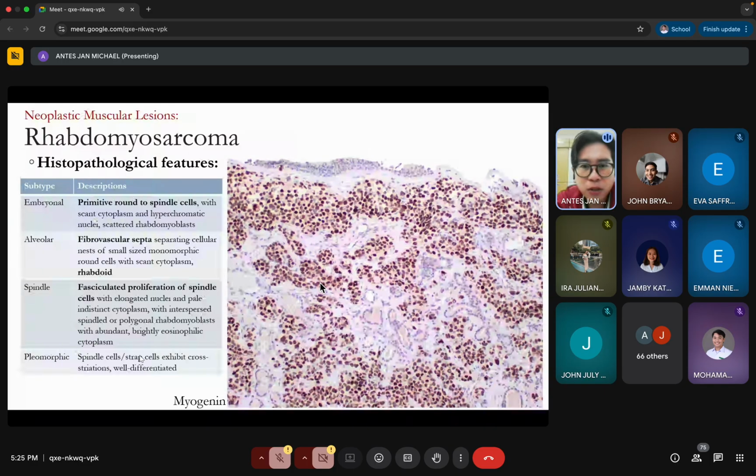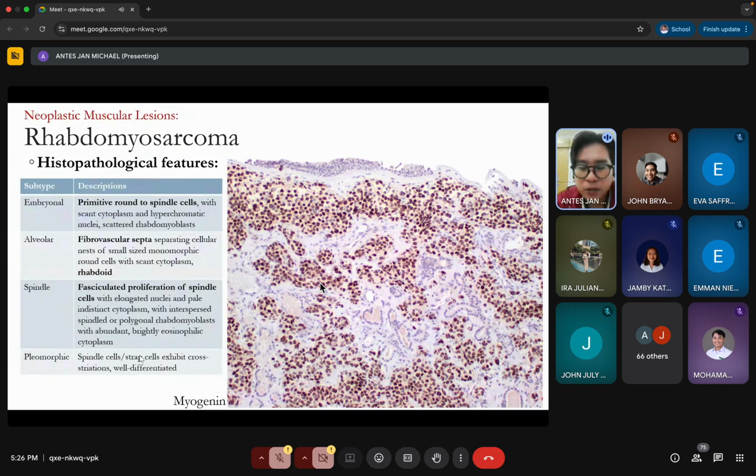All other areas are not stained with IHC, so they are not muscle cells. They are not the tumor cells. So this one is an alveolar type rhabdomyosarcoma, because naturally fibrovascular septa doesn't have any myogenin. That's why they're negative to such IHC stain.